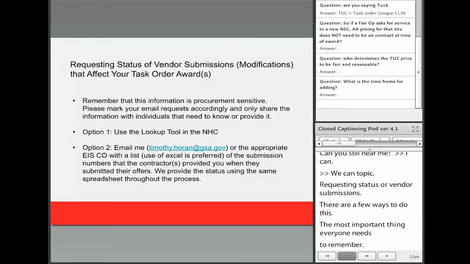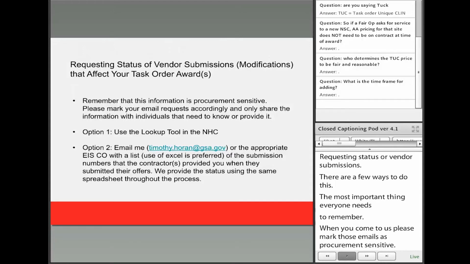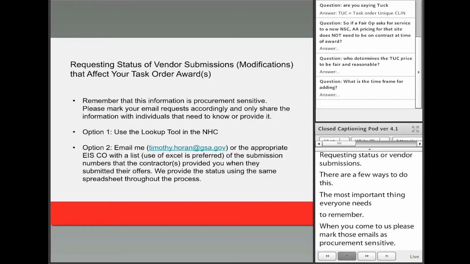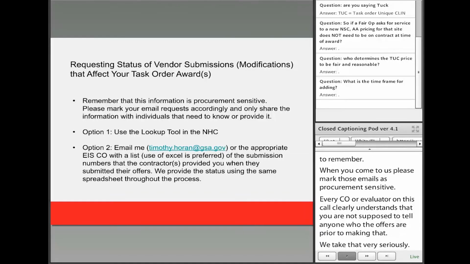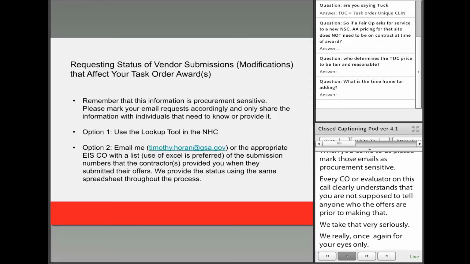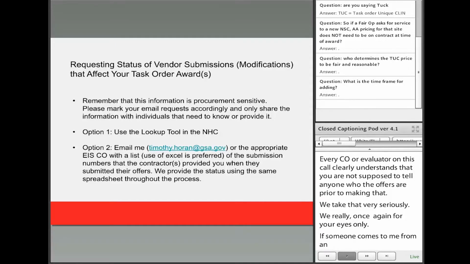Every CO or evaluator on this call clearly understands you're not supposed to tell anyone who your offerers are prior to making an award. So we take that very seriously. If someone comes to me from an agency and says, Tim, here are our two vendors, and here are the submission numbers that the vendors gave to us for their modifications, can you please provide us a status?